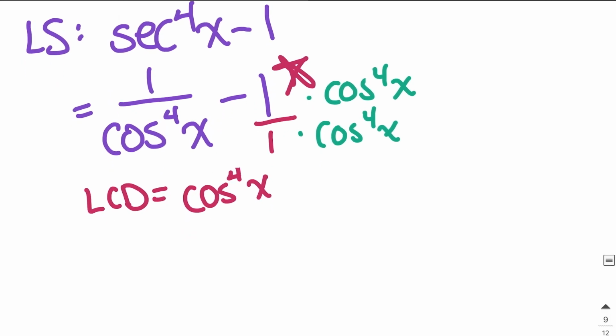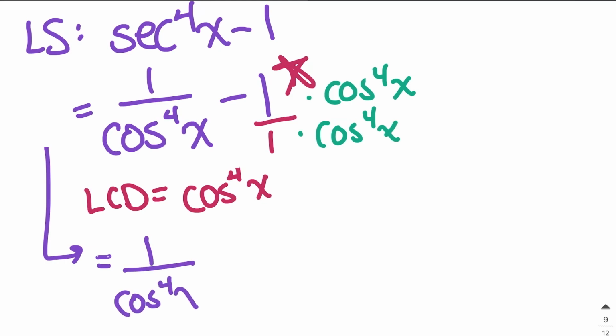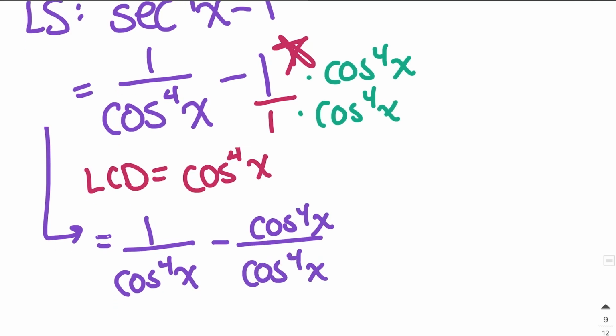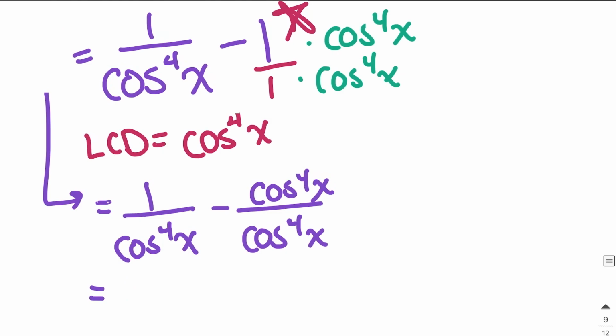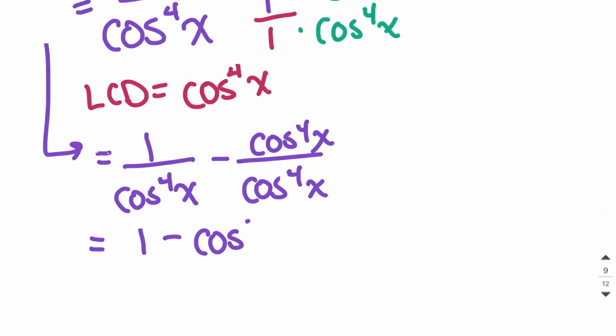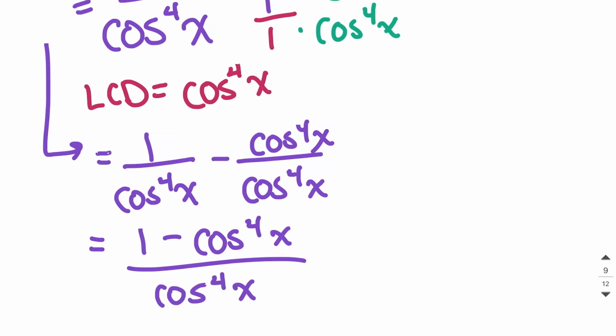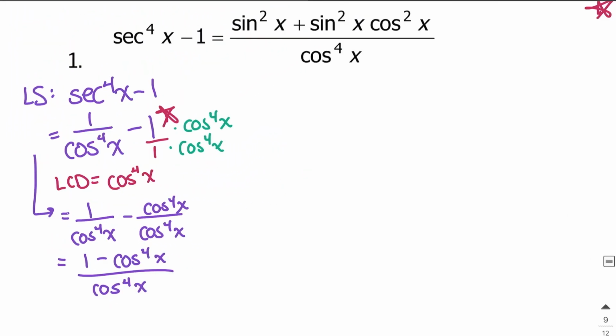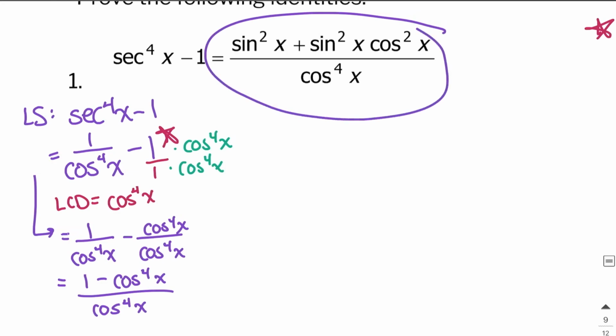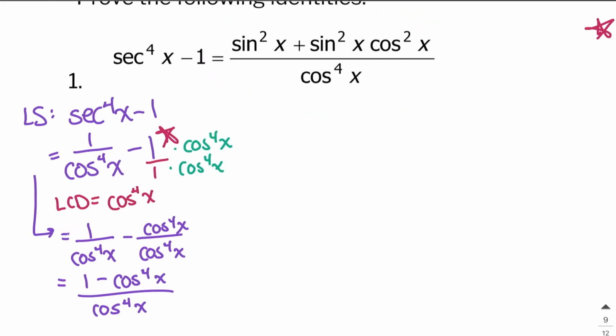So I end up getting 1 over cosine to the power of 4x minus cosine to the power of 4x over cosine to the power of 4x. Then I can put this together into a single fraction: 1 minus cosine to the power of 4x all over cosine to the power of 4x. Remember, keep the right side in mind as you are going through your work.